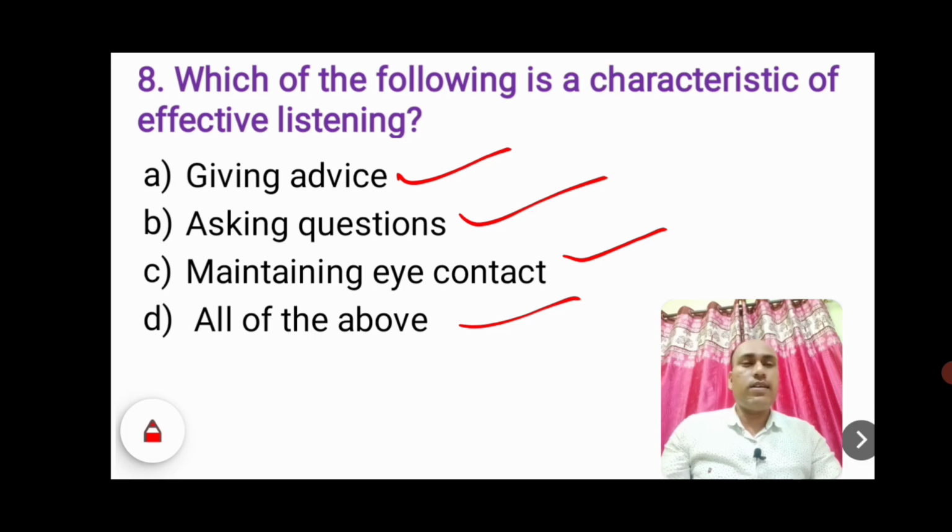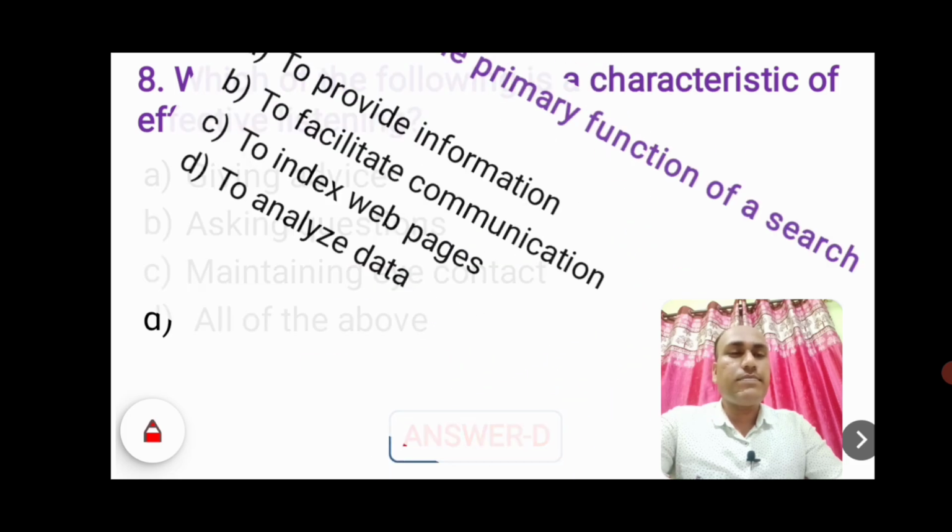If you are listening effectively, you can give advice. Sorry for the interruption. If you are asking questions, then it is also a sign of effective listening. Maintaining eye contact is also a sign of effective listening.